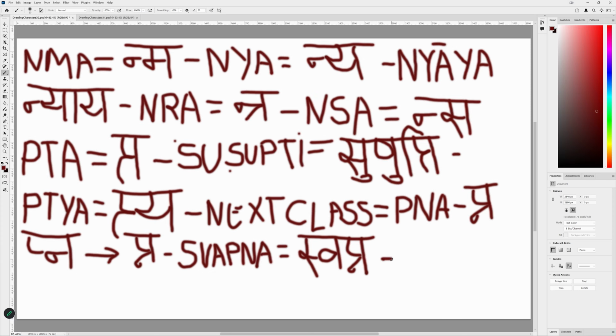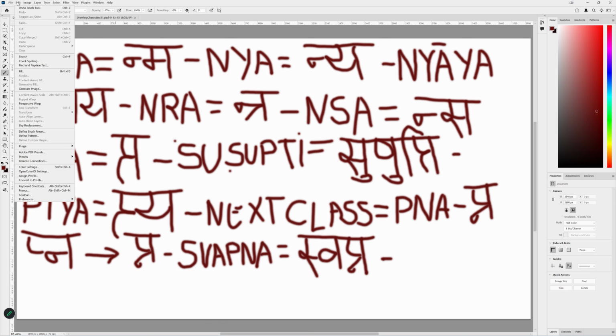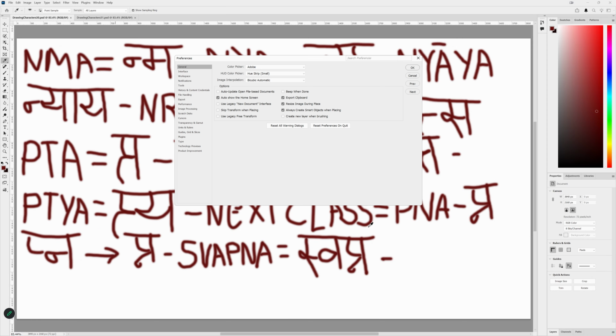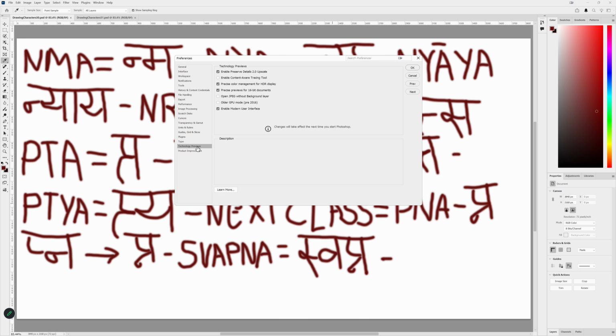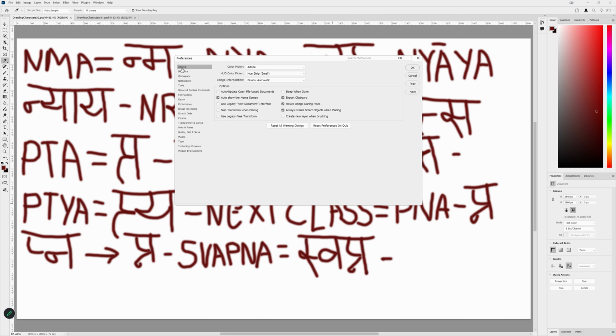Now we'll continue. It's flickering with Photoshop. The screen. La pantalla parpadea con Photoshop. I don't know why. No sé por qué. I will check if this has hardware acceleration. Sometimes has problem with hardware acceleration. Tiene aceleración por hardware. Technology preview. General.